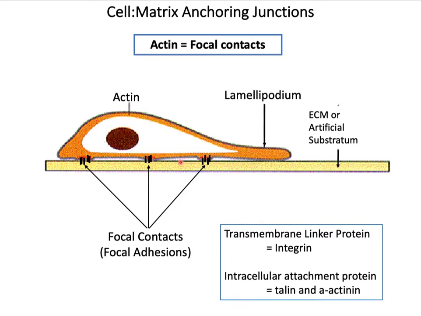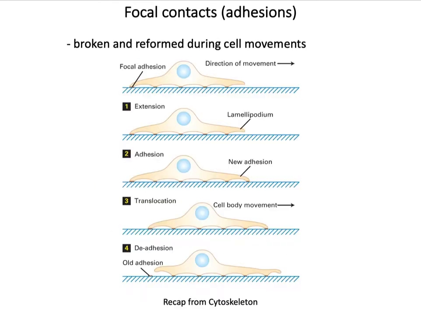In the case of focal contacts, the transmembrane linker protein is known as integrin, and the intracellular attachment proteins are usually talin or alpha-actinin. And it is the talin and alpha-actinin that connect the integrin to the actin. And again, when we start into the second part, we will look at these proteins in detail, and we will look at the structure of integrin as well.